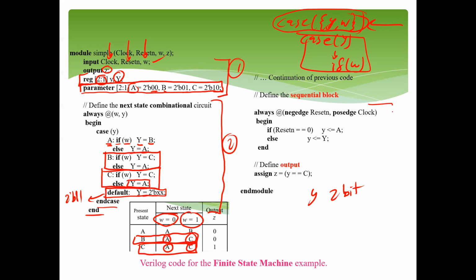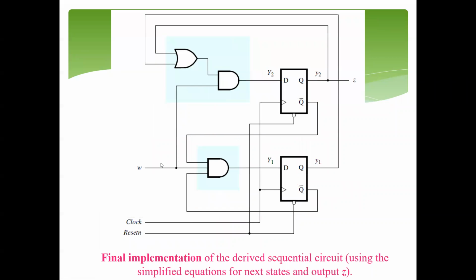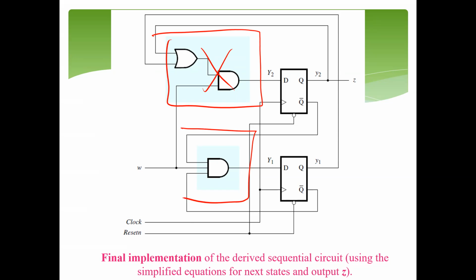Now, the third part is for the sequential logic. Since you already covered the combinational logic here, if you come back to this diagram, we already covered this part inside our always block for the combinational logic.